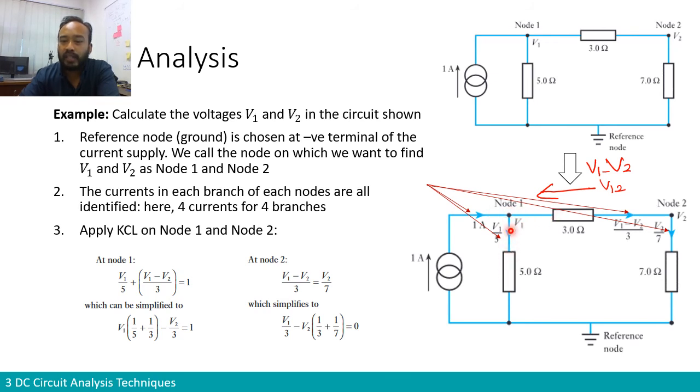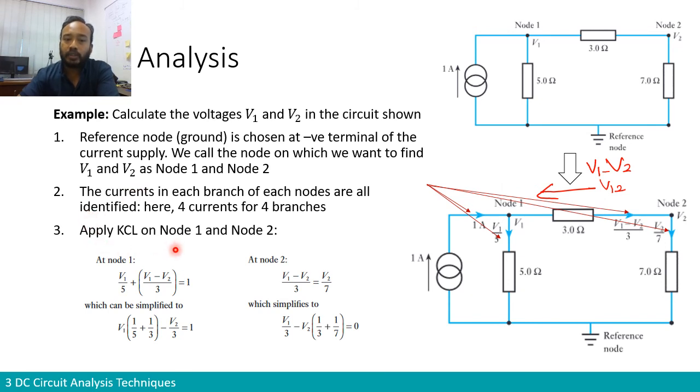One will go in the direction of the 5 ohm, another will go in the direction of the 3 ohm, and then the current continues to the 7 ohm. That's why we have the directions that we have assigned here. Now, completing step 2, we have the direction and the potential value of the current, because we don't know the value yet. Here we have 1 amp, here it's V1 over 5, here is V1 minus V2 over 3, and here is V2 over 7.